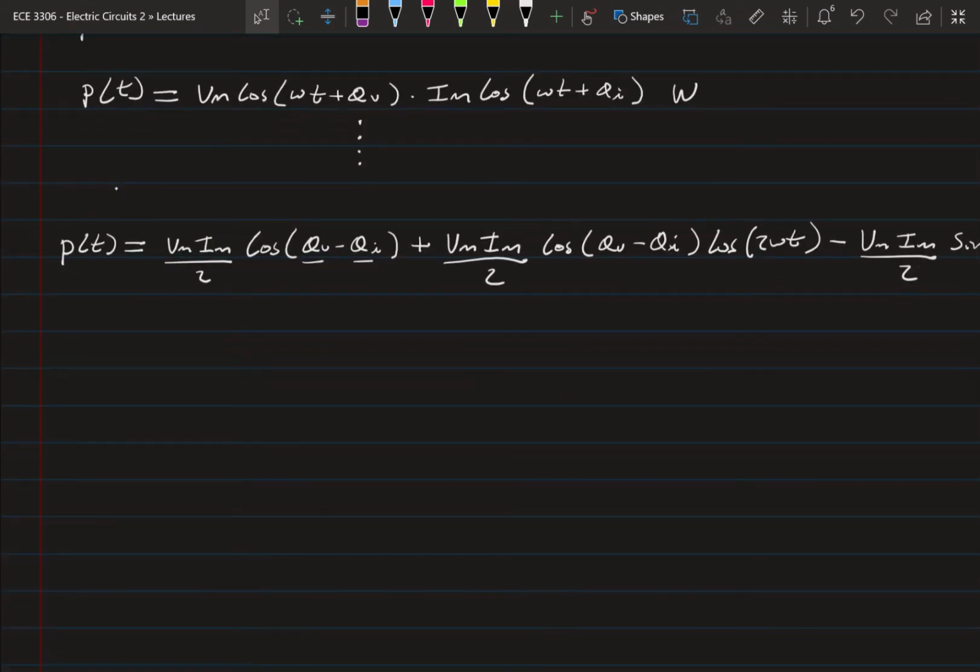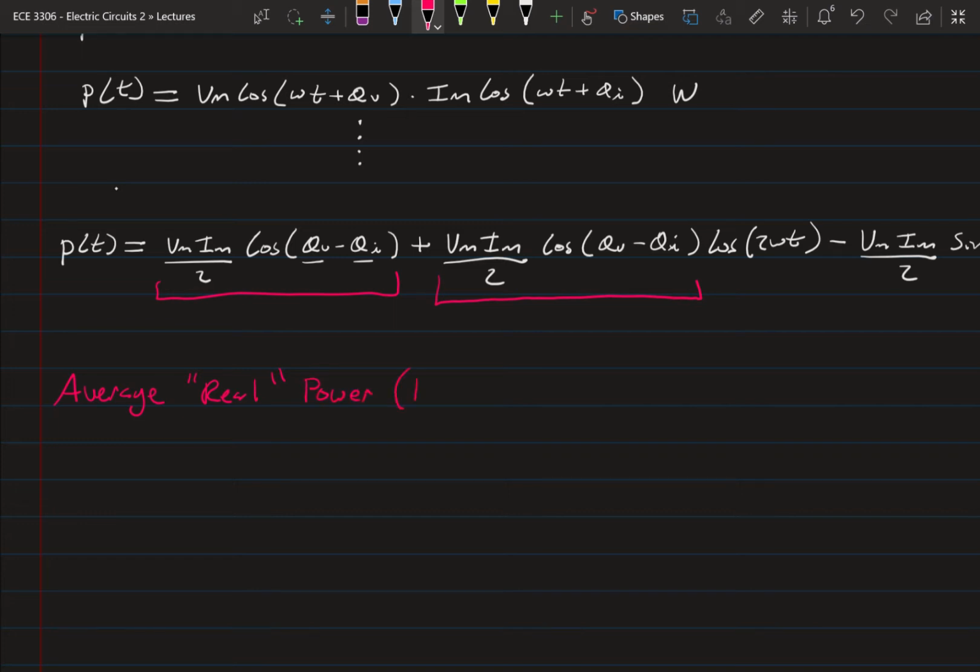Now, this is a long, gross expression, but we can simplify it and pull out some components that are important to what we are doing. The first thing we notice is this component right here, and that's what we're going to call the average power. You can also think of it as the real power. This is the stuff that dissipates as heat out of our components.